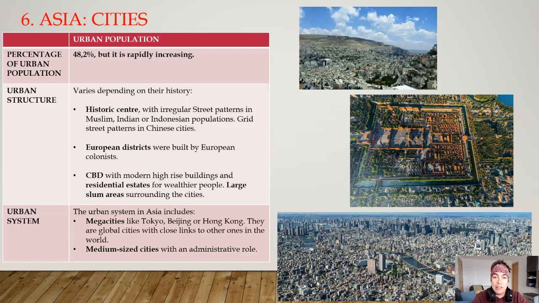They are global cities with close links to other ones in the world. These three cities are the most important ones in Asia, and they are some of the most important financial and economic centers of the world. And then we have medium-sized cities with an administrative role, with a national role within the national urban hierarchy.